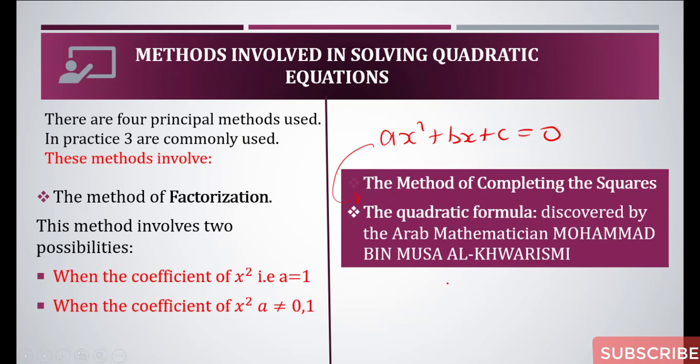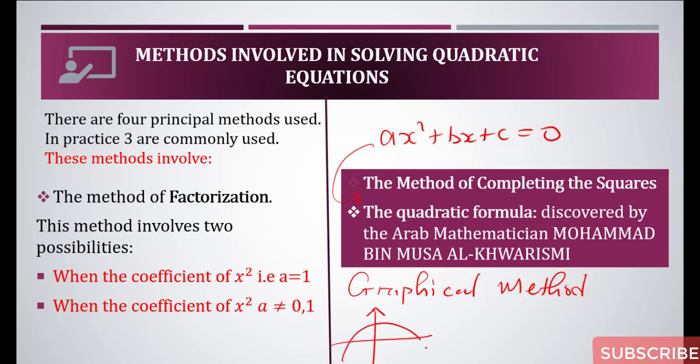The fourth method, which is used on rare occasions, is what we call the graphical method. The graphical method entails sketching the respective parabola on the Cartesian plane, and the points where the parabola cuts the coordinate axes, let's say at x1 and x2, are simply the solutions of the quadratic equation.